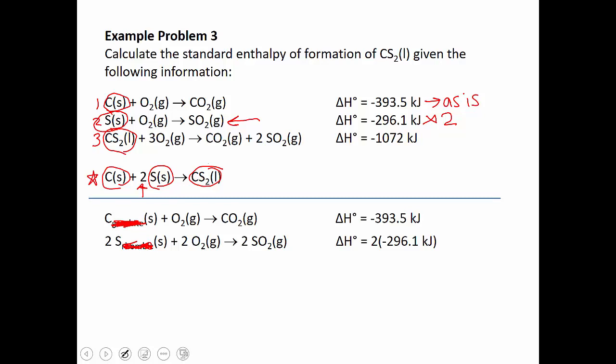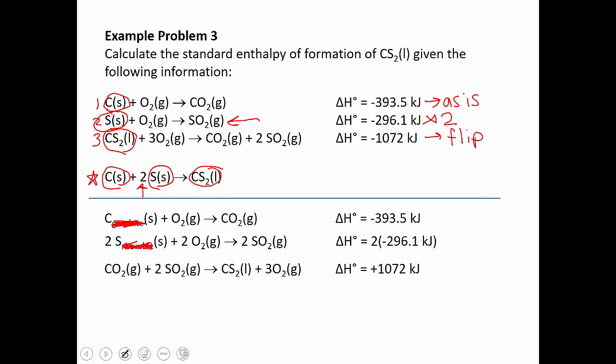Let's make a note of that. And our next question is, does it have the correct coefficient? Yes, it does. So we're just going to flip this equation, which means all of the reactants become products, all the products become reactants, and we're going to change the sign of our delta H. So we're going to rewrite that, and you'll notice the sign of delta H changed.